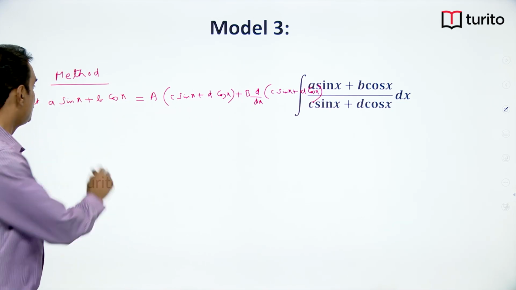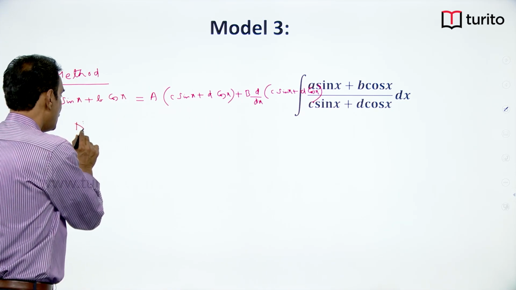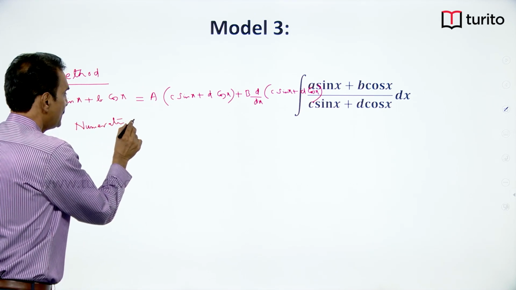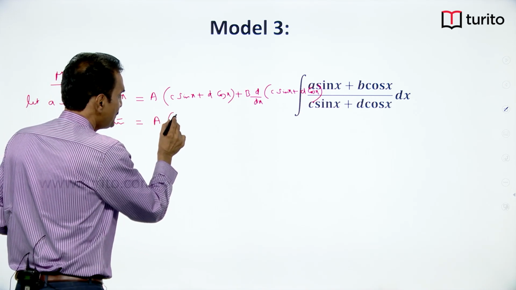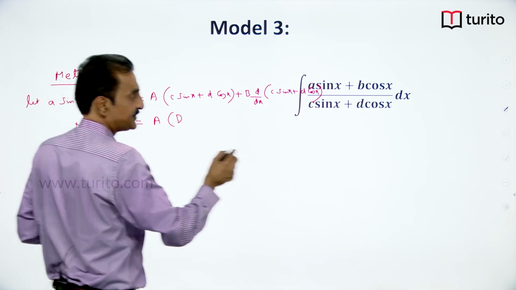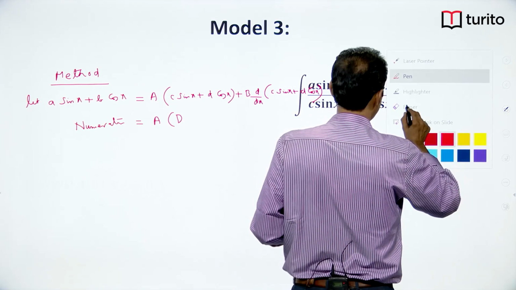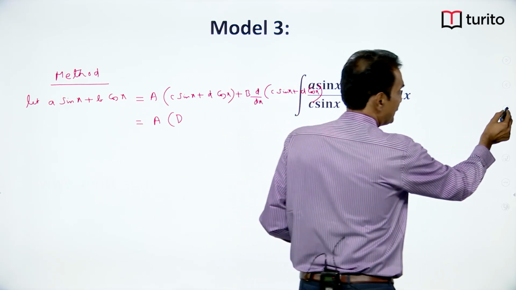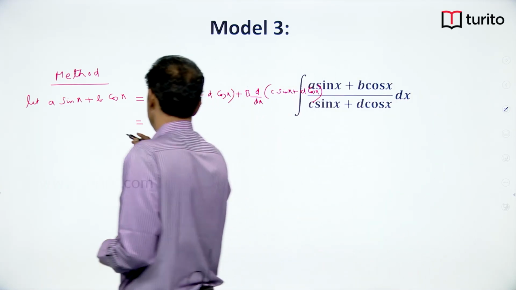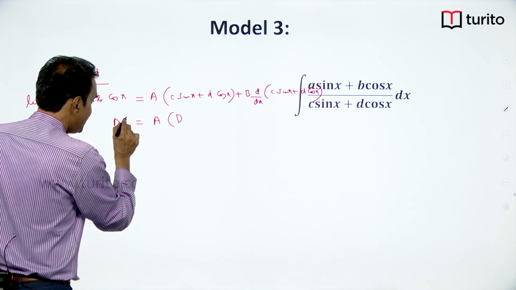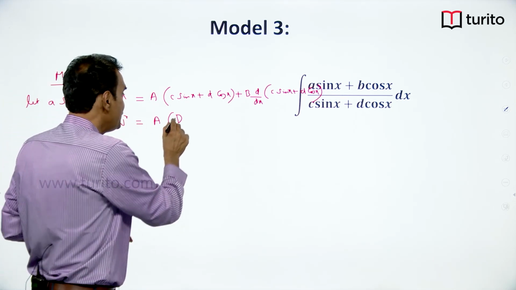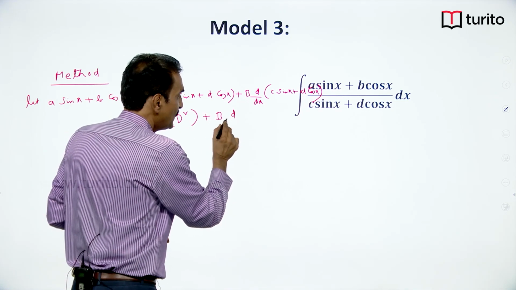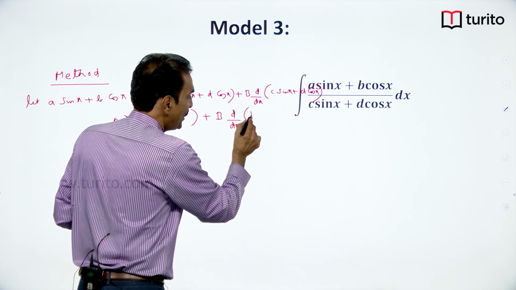By taking like this, write numerator as A into denominator plus B into d by dx of denominator.